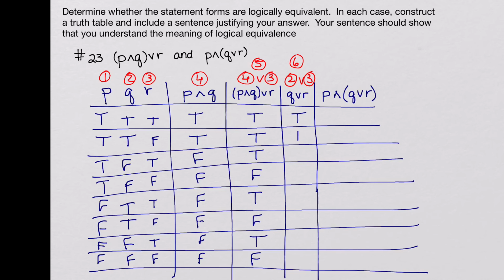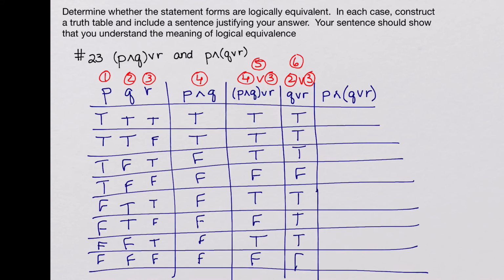So we have true, true, true, false, true, true, true, false. Oops, there we go, false. Okay, so now for the last column, I have column 1 and column 6 that we just created. This will make column 7.